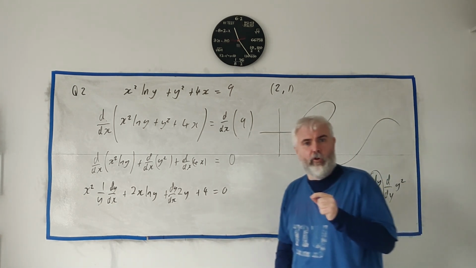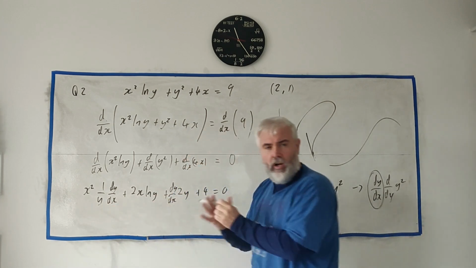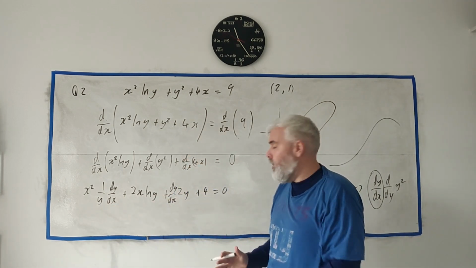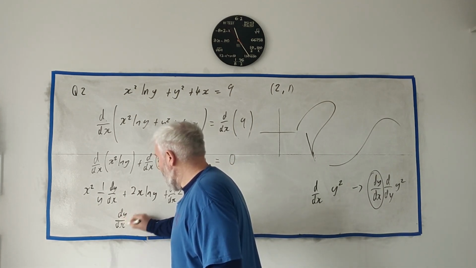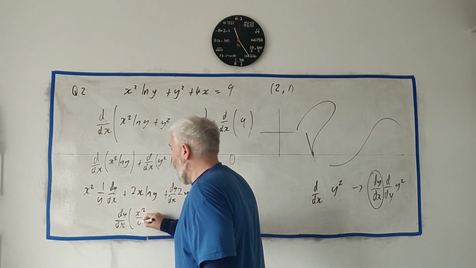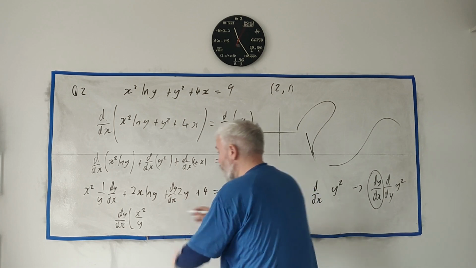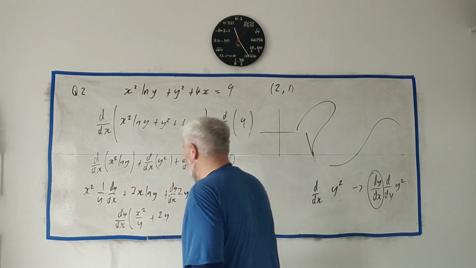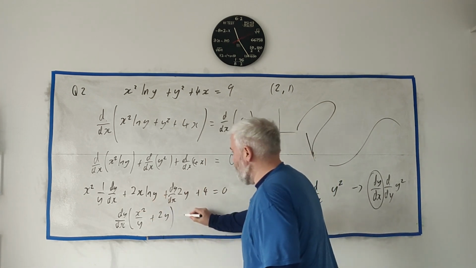Remember what we're looking for throughout all this. We're looking for dy dx. I want dy dx on its own equals something. So let's just take dy dx out of everyone. dy dx has x squared over y in here, and here's another dy dx. It has a 2y plus 2y. Let's move everyone else over the equals.